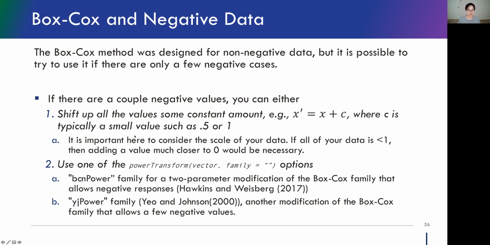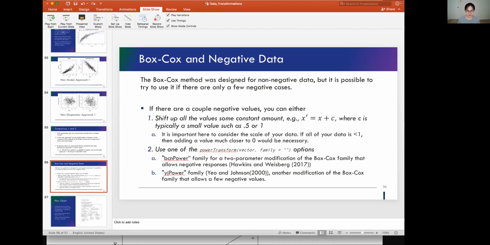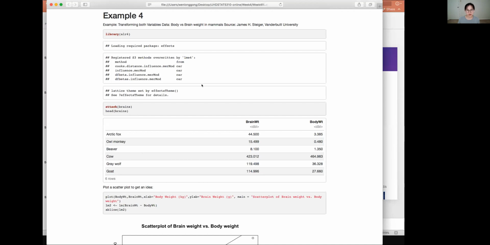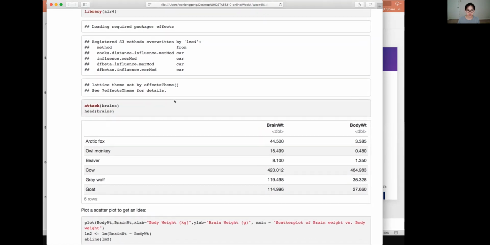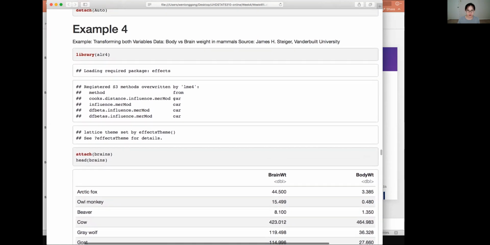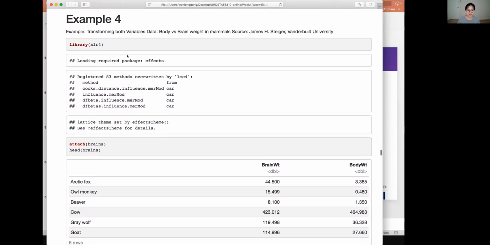I have some R examples to follow. Let's take a look at transforming both X and Y. In this example, let me enlarge it a little bit, we transform both variables, which are body and brain weight in mammals.